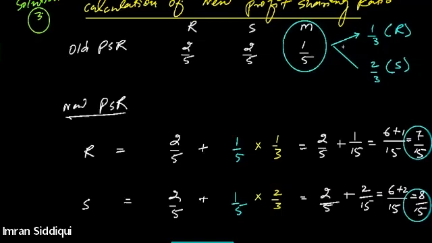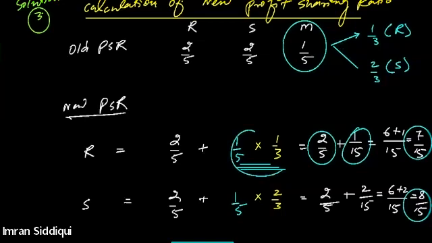So in order to calculate the new profit sharing ratio of R and S, this is the existing share, 2/5 and 2/5 for R and S. They will get further shares of M's 1/5. R will get 1/3 of the 1/5 share, and S will get 2/3 of the 1/5 share of M. So by solving it, we will get 2/5 plus 1/15.